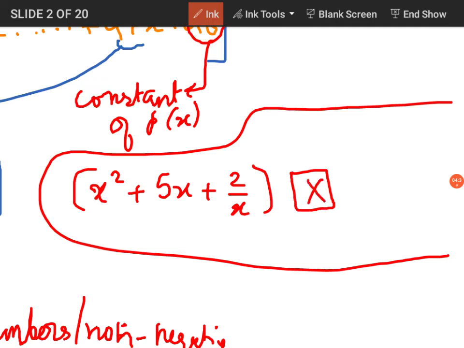This is not a polynomial. Why? Because you see this term right here. If you convert it, this will be 2 multiplied by x raised to the power minus 1. So n here is a negative integer, and as per our condition, n has to be a non-negative integer. So this is not a polynomial.